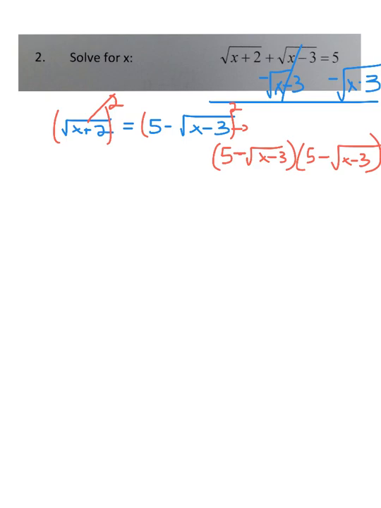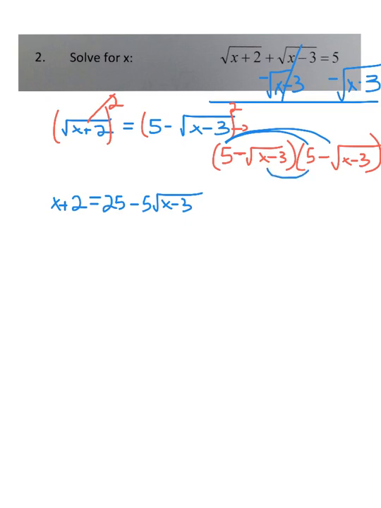All right, so on the left, I just have x plus 2, right, because the square root canceled out. Now, let's double distribute. So I'm going to get 25. And then 5 times that negative radical x minus 3 is going to be minus 5 radical x minus 3.